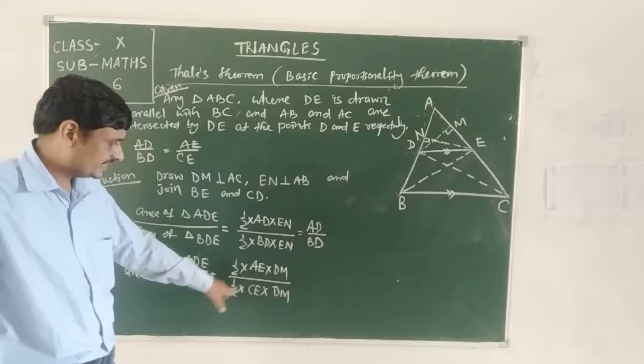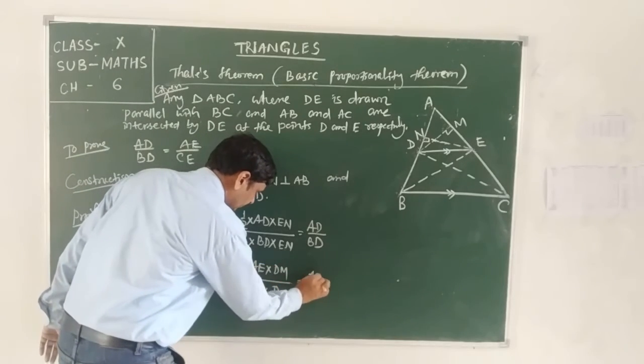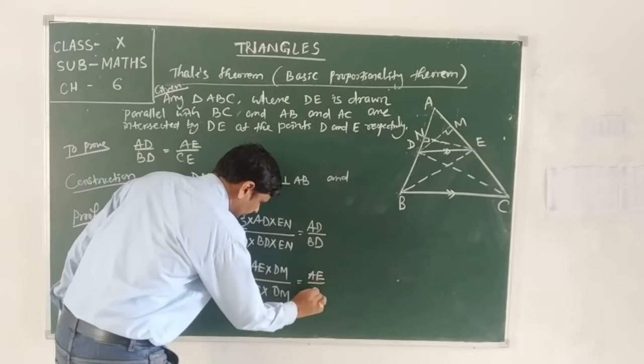Half is cancelled, DN is cancelled. It remains AE by CE.